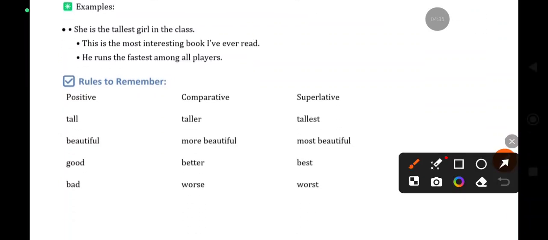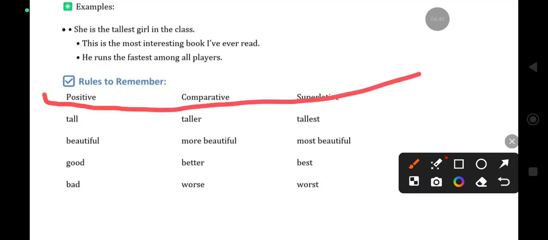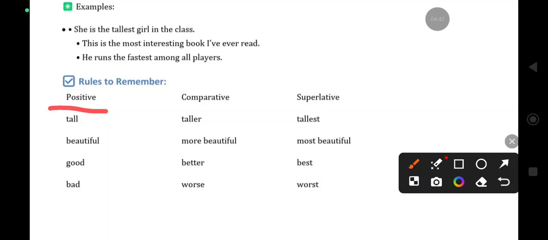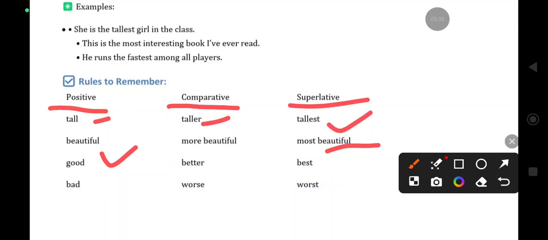Here a few examples are given. You can see over here, positive, comparative and superlative. If the adjective given is beautiful in positive, and we want to convert it to superlative, what do we put before the adjective? Most, because we are comparing more than two people. Similarly, tall: in comparative we'll use -er, so taller, and in superlative -est, tallest.